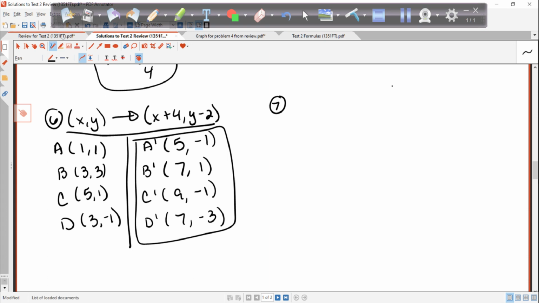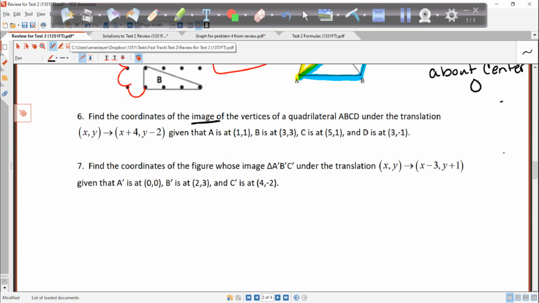Now number 7 is very similar, except this time it says find the coordinates of the figures whose image is these already. So this means we're going backwards. We want to find out where we started. So the original translation was (x, y) goes to (x minus 3, y plus 1).